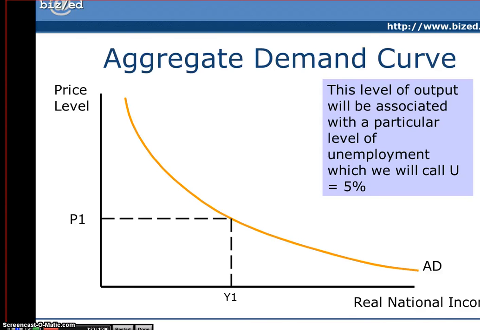Okay, and that will be tied to a certain level of unemployment. Obviously, the more we produce, the lower our unemployment rate. So we want to move along the national income line, if you like, as far as we can, because it will get us the lowest level of unemployment.